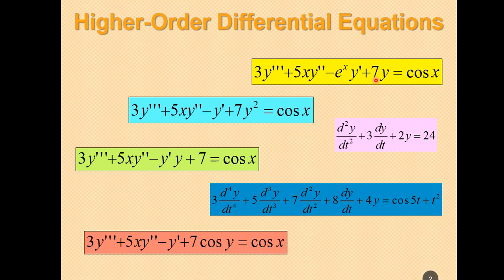Whenever the coefficients of the derivatives of your unknown function and the unknown function itself are constants or functions of the independent variable, the higher order differential equation is linear. So this one is a higher order differential equation which is linear.